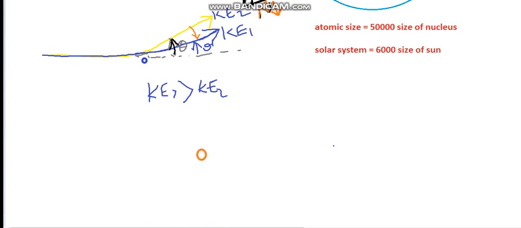And the third one is how the nuclear charge affects this scattering. Suppose this is the nucleus, and it is having a charge, let's say q. Let's take another one also for the same case, and this is having a charge q plus, let's say, dq.